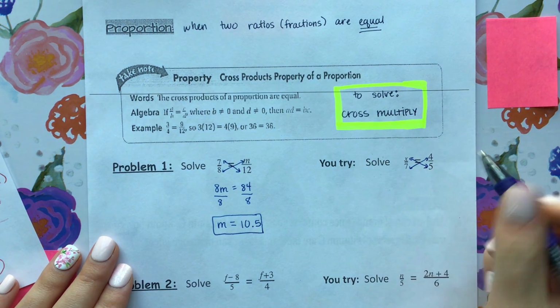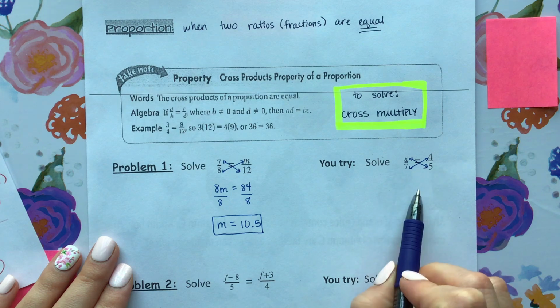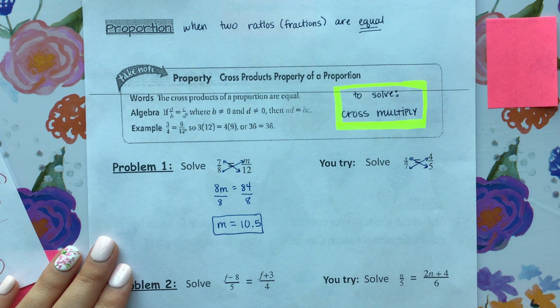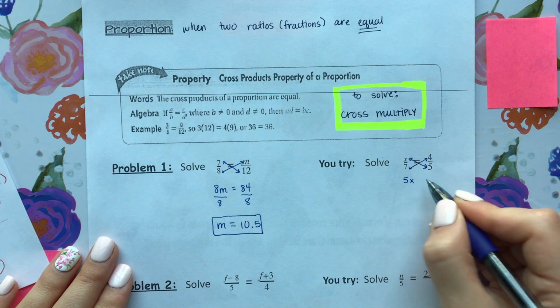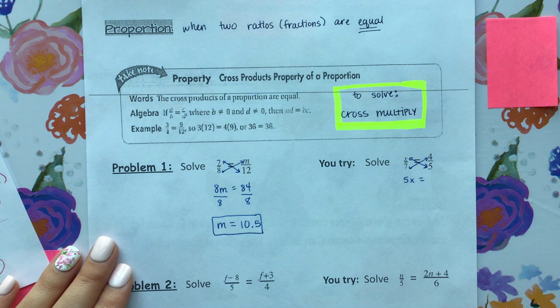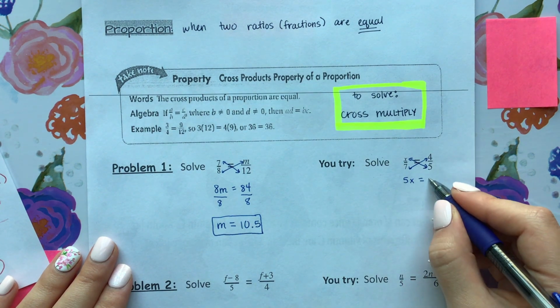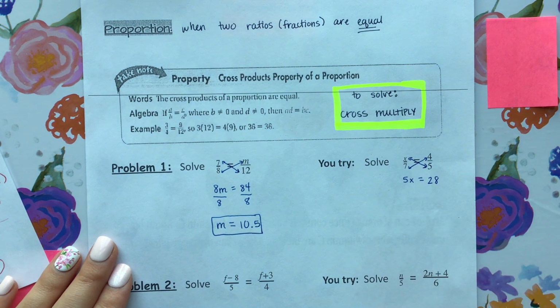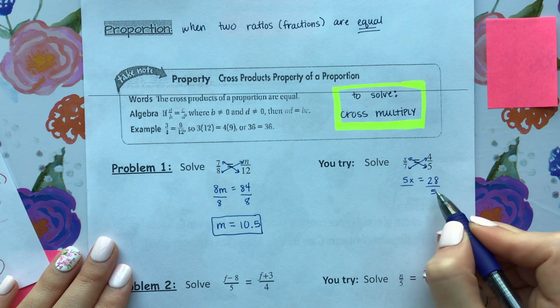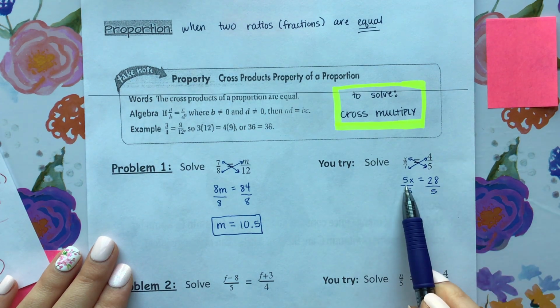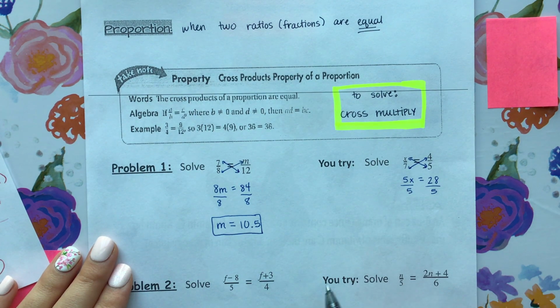So now I'm going to put the 5x on the left side. I like to keep my variable on the left. If you don't want to do that, you don't have to, but that's just how I make mine work out. So I have 5x is equal to 7 times 4, which is 28. Now it's time to divide by 5 on either side. And I'm dividing by 5 because remember 5 right next to the variable means multiplication.